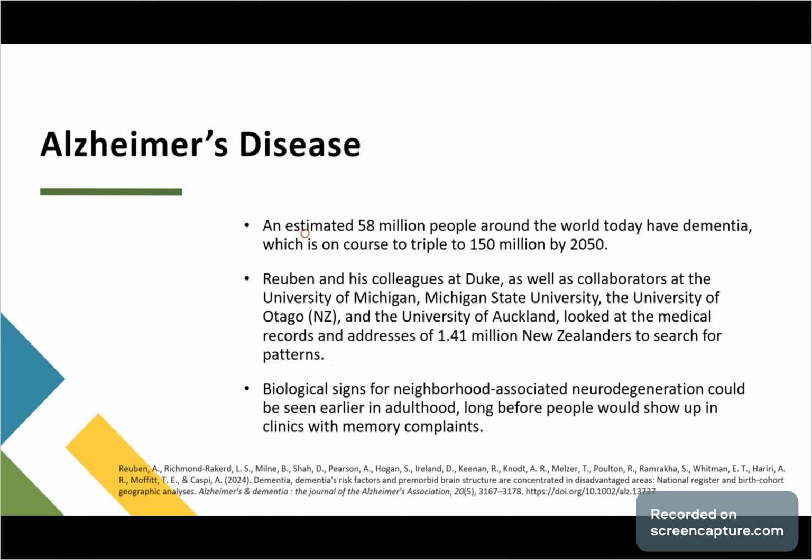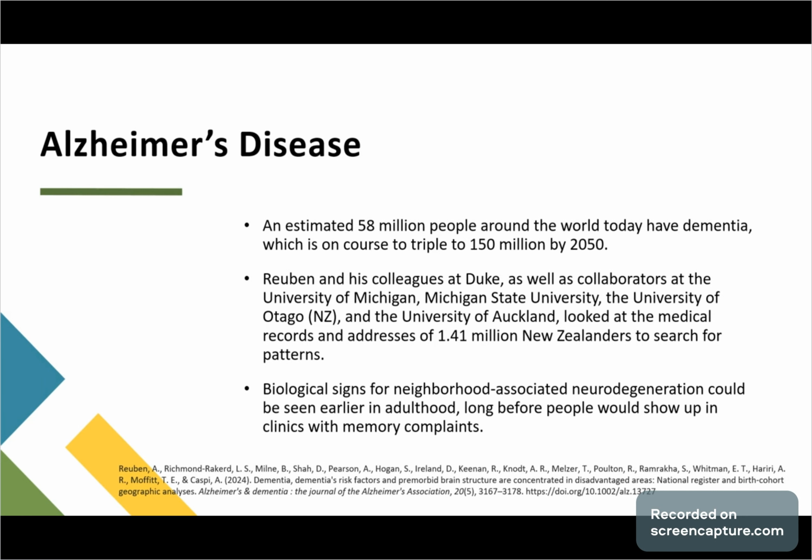Going into Alzheimer's disease, 58 million people. Of course, these are all talks on Alzheimer's disease, so I'm not going to go into that too much. But what was interesting, and I wanted to share with you, is that there's actually biological science. I'm a geospatial expert, well, not an expert, but I try to be.